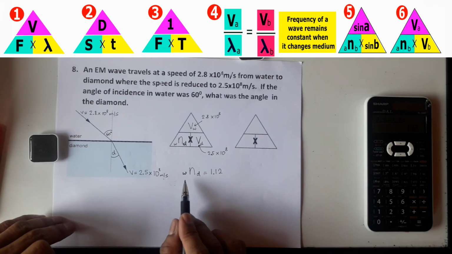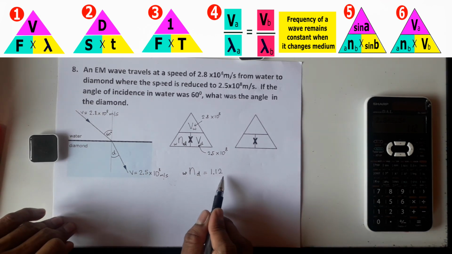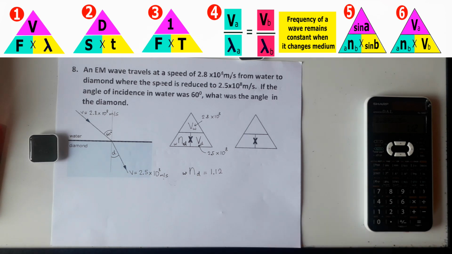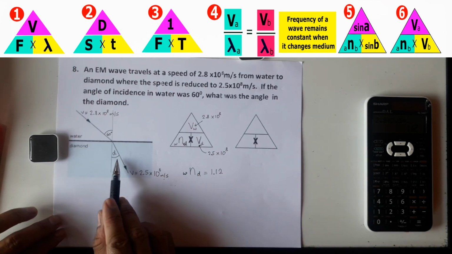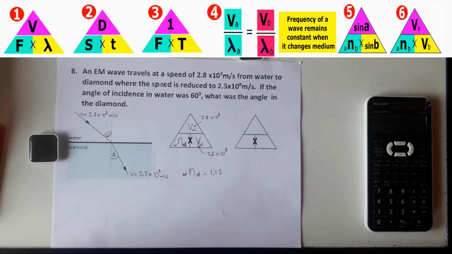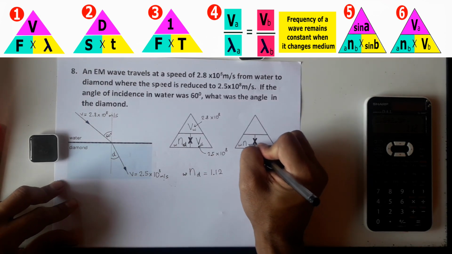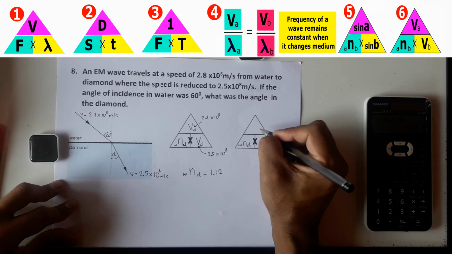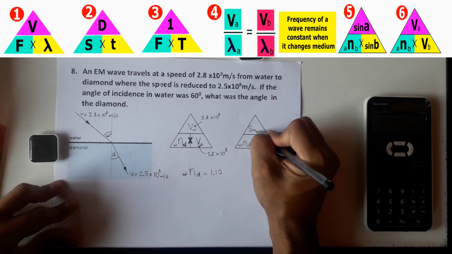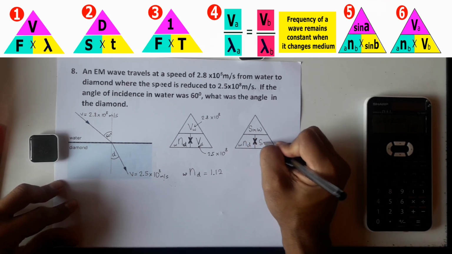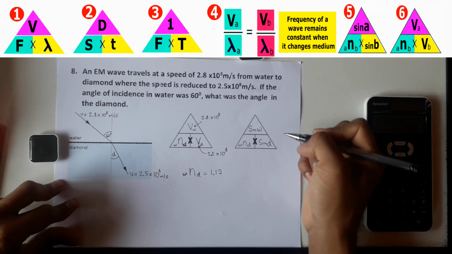Now that we have the refractive index, we can calculate the angle in diamond by using formula 5. So formula 5 here is n(W to D) equals sine of the angle in W divided by sine of the angle in diamond.